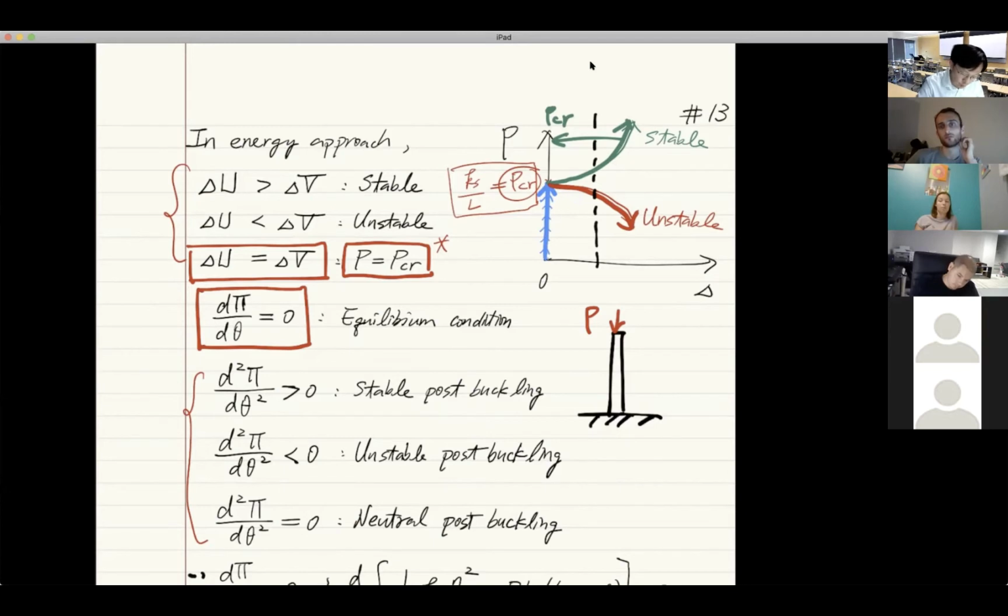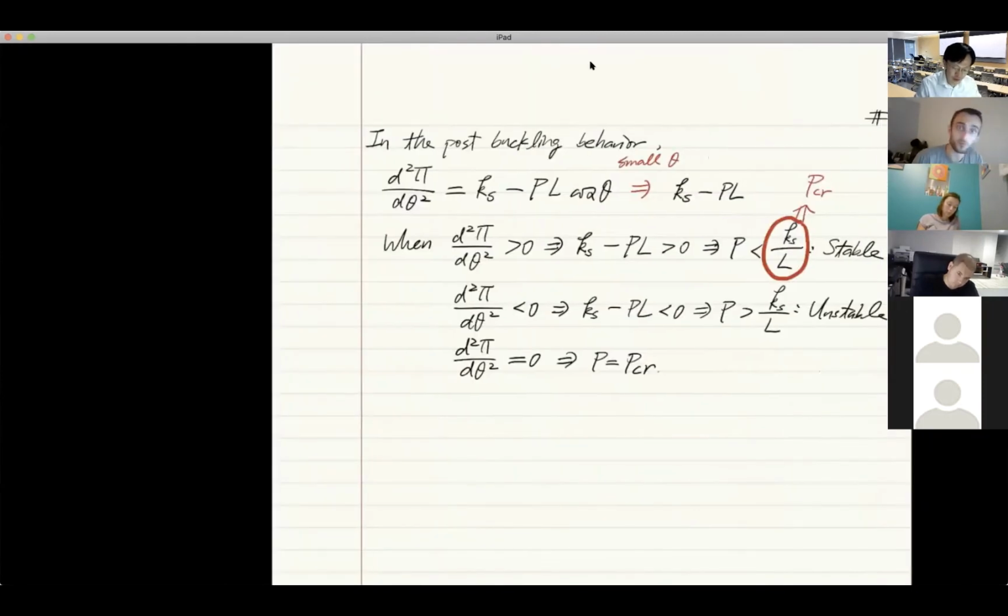So here, you have delta equal to 0. But right here, delta is not 0. So that's post-buckling behavior. And what we analyze in this case is not really the post-buckling behavior, but just the criteria to determine whether the structure will be stable or unstable if you maintain the same loading level. So that's what we found in this case.